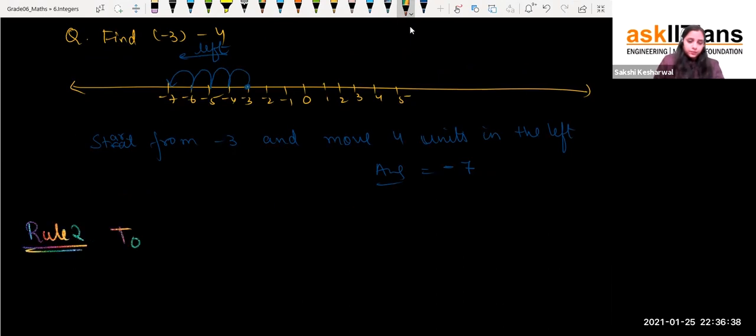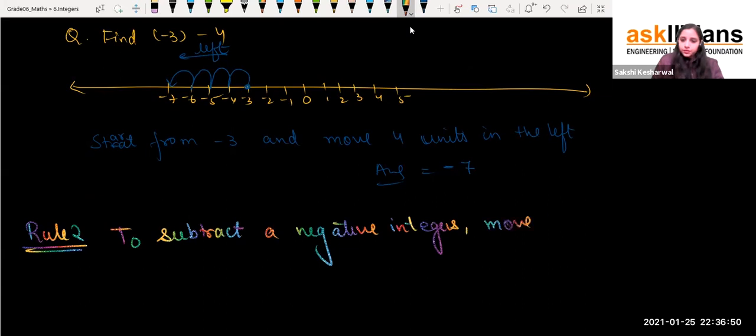To subtract a negative integer, move to the right. We have moved to the left, now move to the right on the number line.